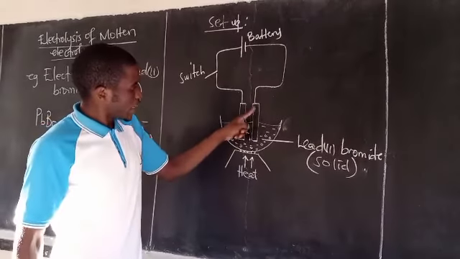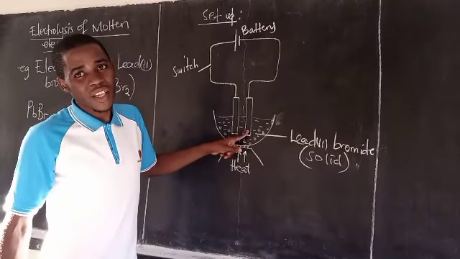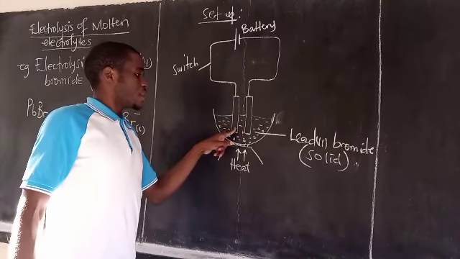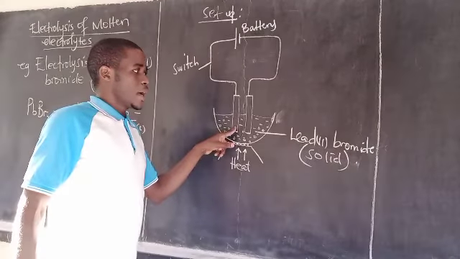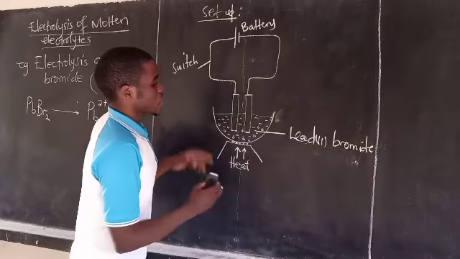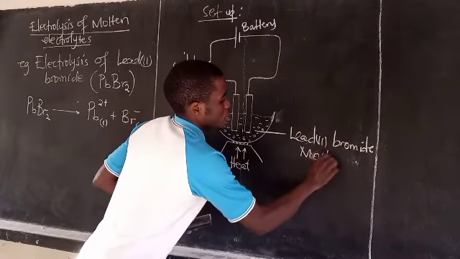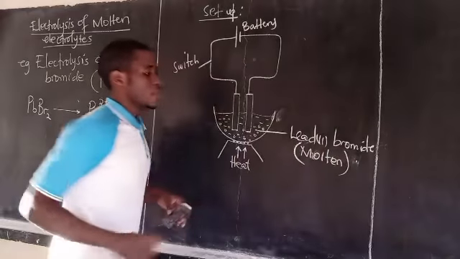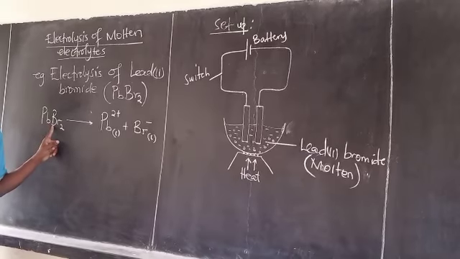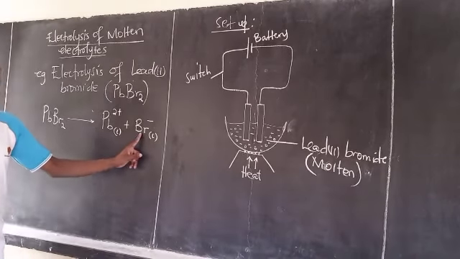Meaning that when electrons actually reach here, if at all they come anyway, they can't cross. They have no bridge that will connect them this side. But the moment you heat this solid and it becomes molten, then you have broken down lead bromide to form lead 2 ions and bromide ions.